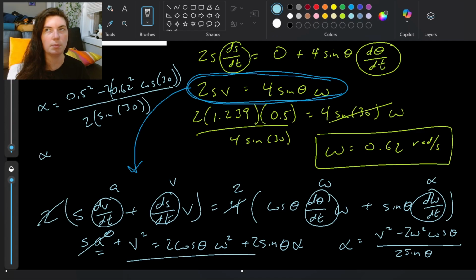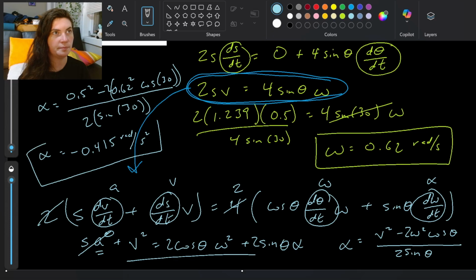So with that, when I plug that into my calculator, I get an angular acceleration of negative 0.415 radians per second squared. And so we get this as a negative term. So what does that mean?